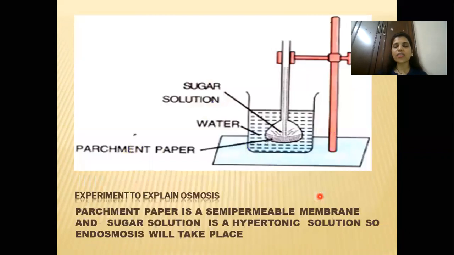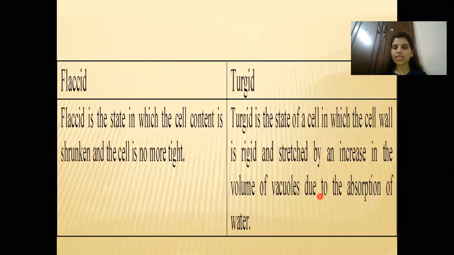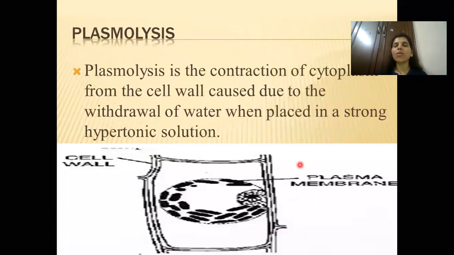So plasmolysis will only be seen in case of the plant cell because that is the contraction of cytoplasm from the cell wall and cell wall is only present in plant cell. So if plant cell is shown and you can see over here the cytoplasm is moving away from the cell wall. So due to withdrawal of water when it is placed in hypertonic solution, that particular condition is known as plasmolysis.